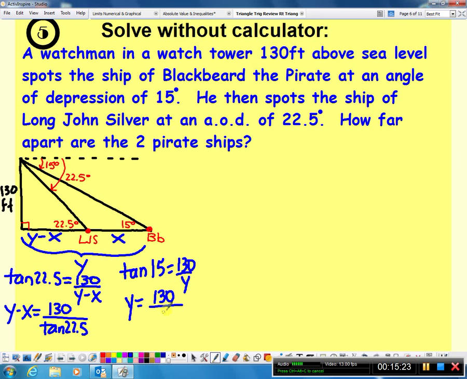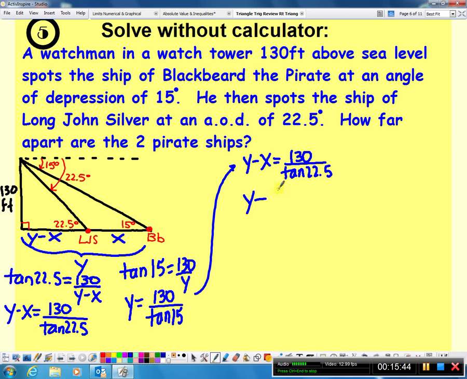So using those, what I know is that if y minus x equals 130 over tan 22.5, then y minus 130 over tangent 22.5 is equal to x.